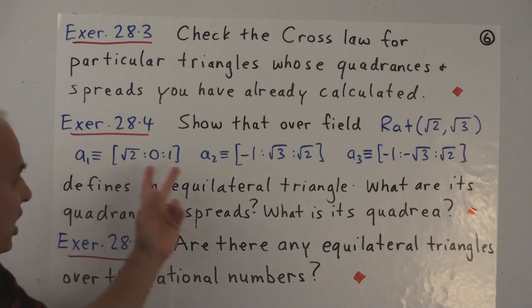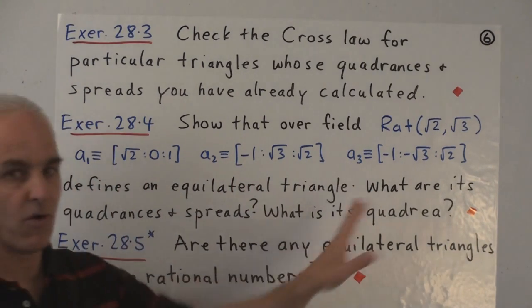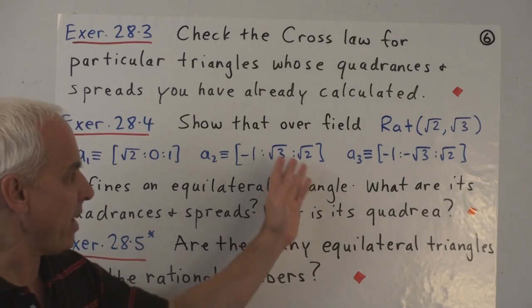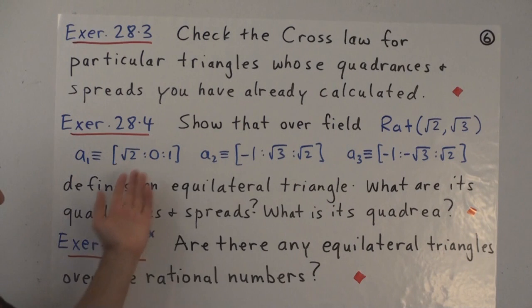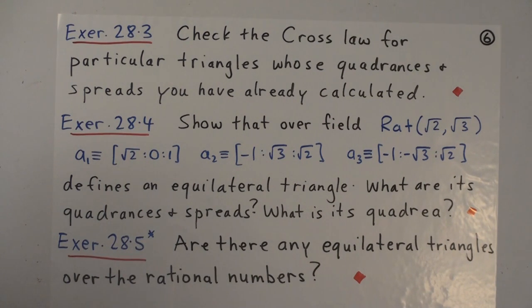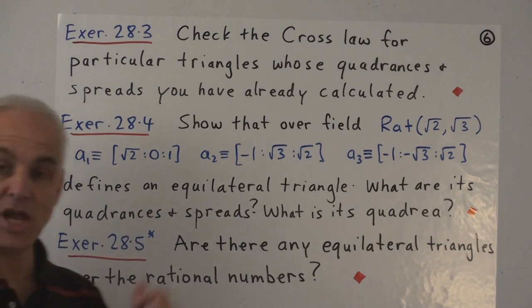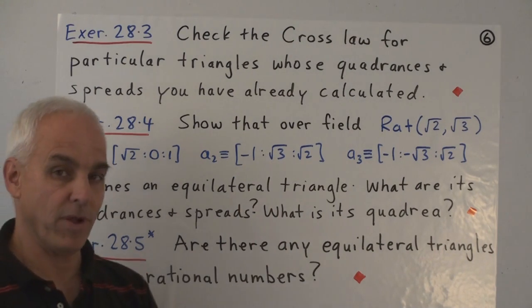And then the question is to check that these 3 points, which don't exist over the rational numbers, but over this bigger enlarged field, they exist, and that they actually define an equilateral triangle. So you can compute its quadrances and spreads. You can check the equilateral triangle theorem, and you can compute its quadrea as well.